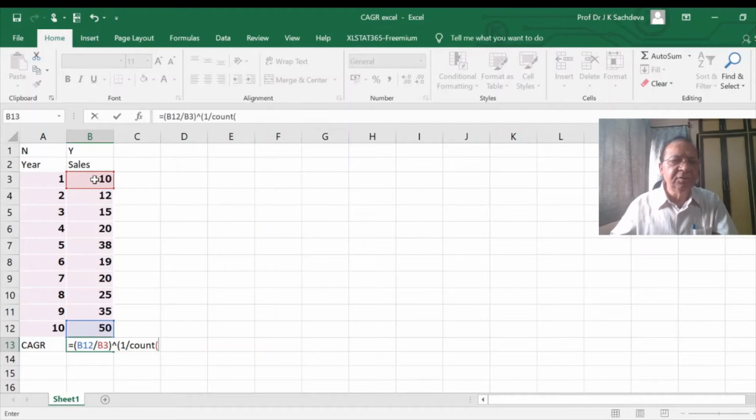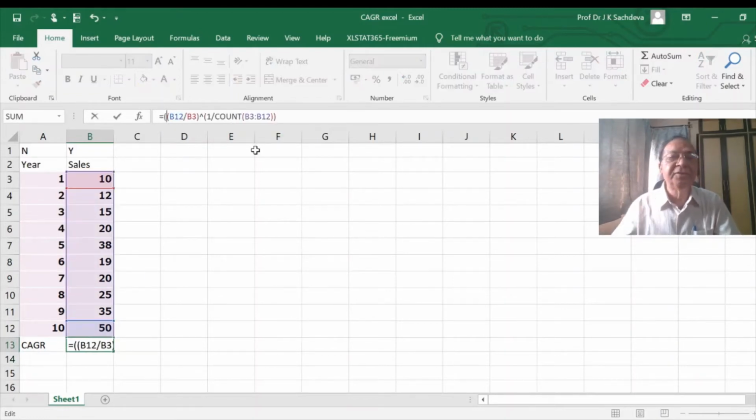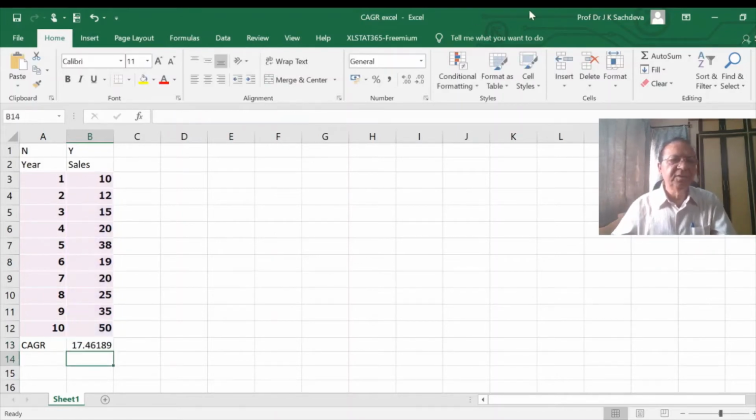Actually, I did not count because I know there are 10 observations, but I can use this as compounded growth rate by counting it, 1 upon n. This comes out to be 1.17461, but I have to subtract 1 from this. So I will open another bracket here and subtract 1, and I can further multiply it by 100. So this will give me the percentage.